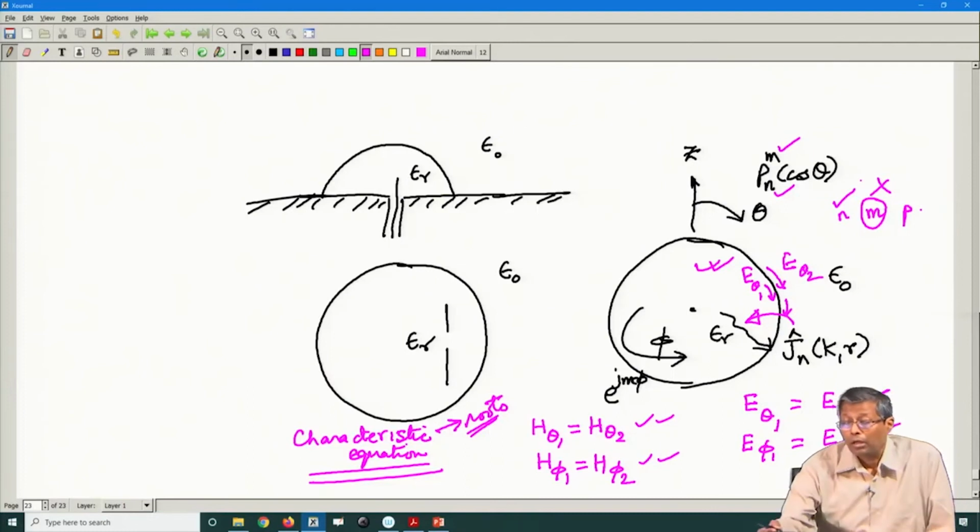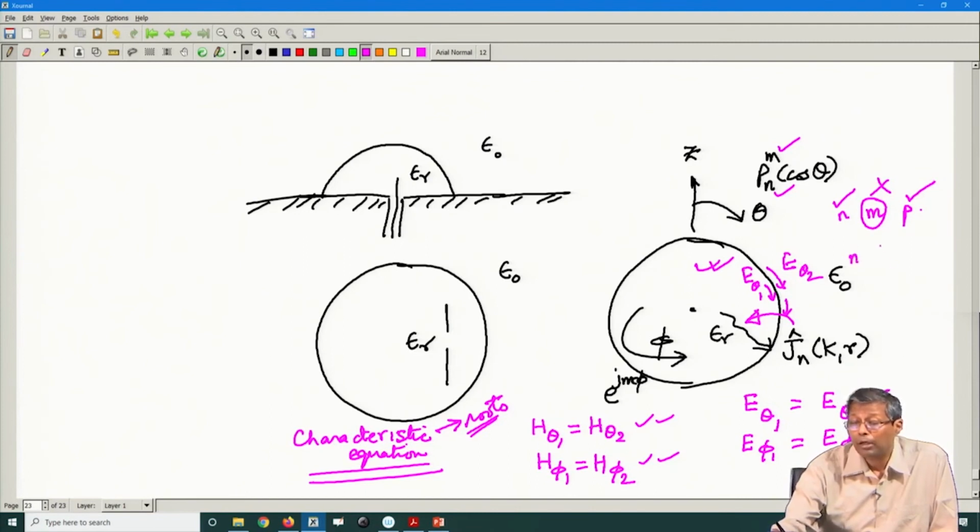For a given value of n, the roots will be marked as p equal to 1, p equal to 2, p equal to 3, like that. So, n equal to 1, p equal to 1, p equal to 2, and so on.